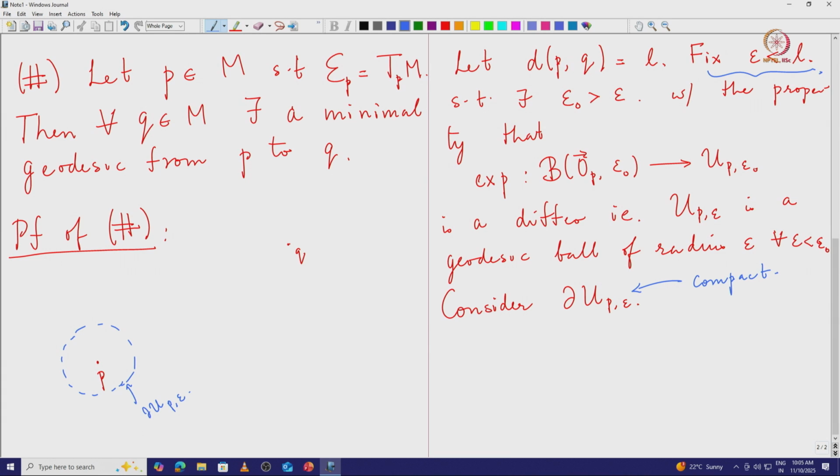So then there exists a P naught which is closest to Q, such that the distance of P naught to Q is equal to the infimum of the distance of x to Q over all x in this boundary of the geodesic ball. So by compactness, in fact, the infimum will be a minimum, and so let us say the minimum is attained at this point P naught, okay. So let me draw this point P naught here.